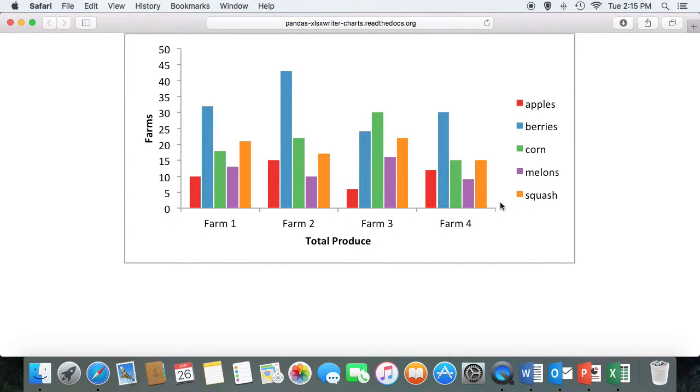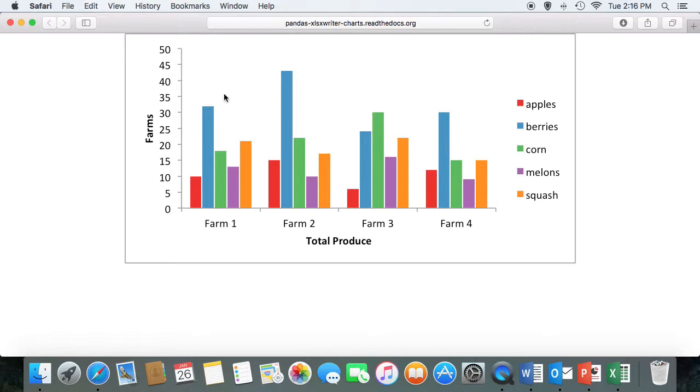So, a direct view of this particular graph would show that the most common type of fruit or vegetable produced by farms is berries for farm 2, berries for farm 1, berries for farm 4.